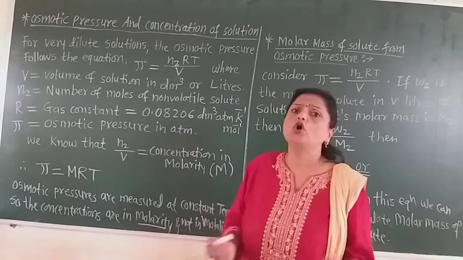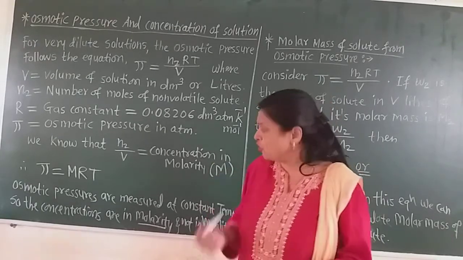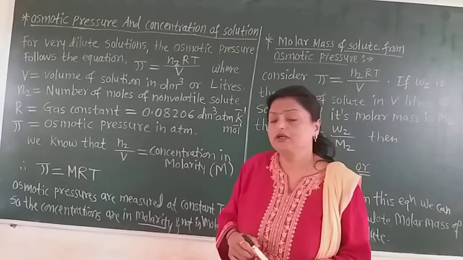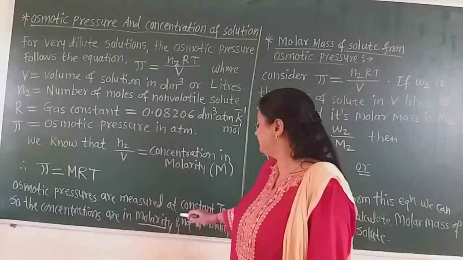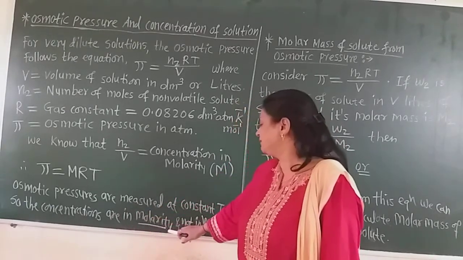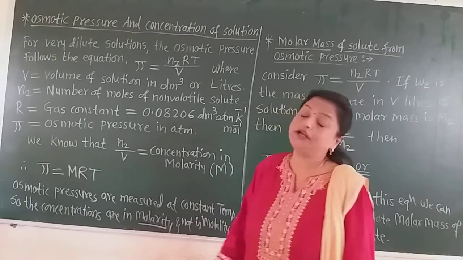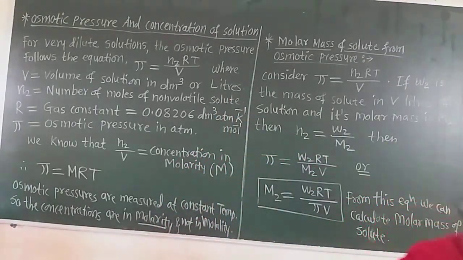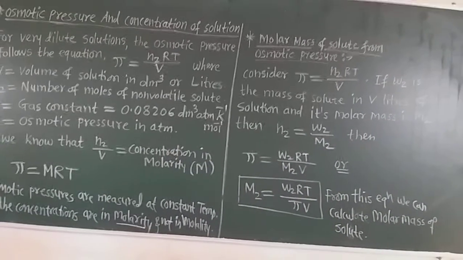So there is no problem of increase or decrease of the concentration. So the concentrations are measured in molarity and not in molality. Remember that. Now let us learn how to calculate the molar mass of the solute.